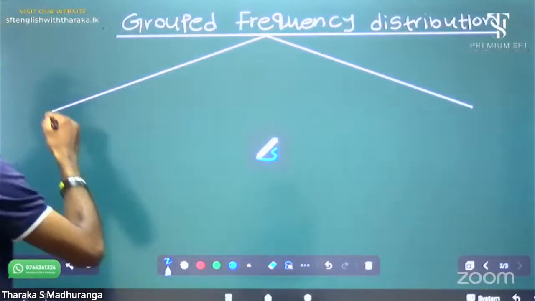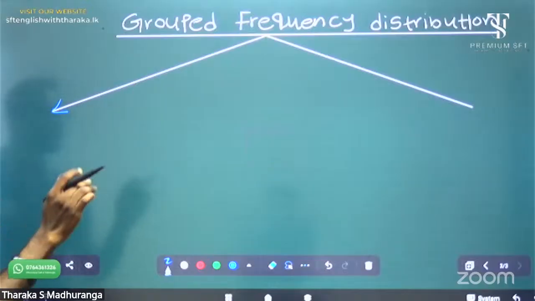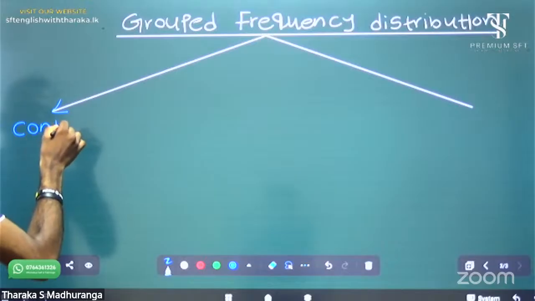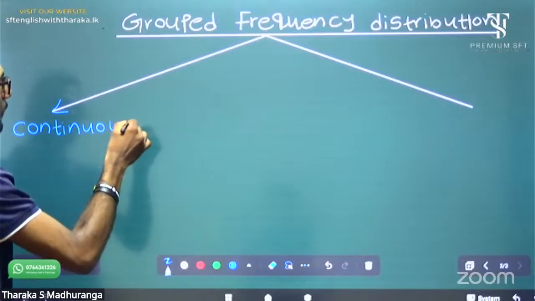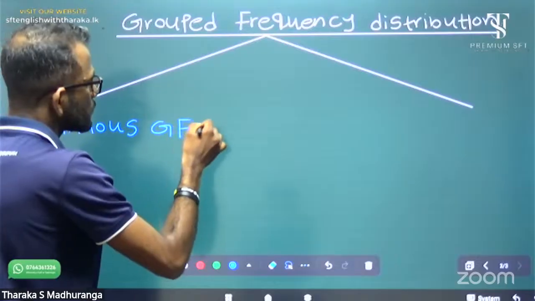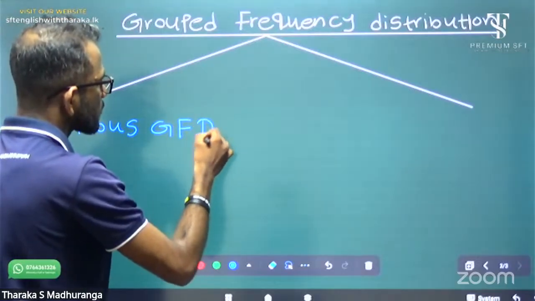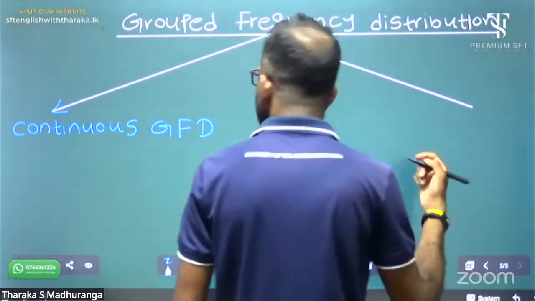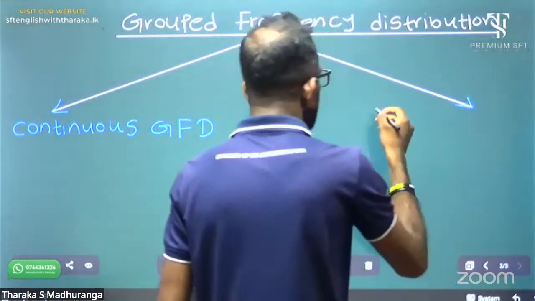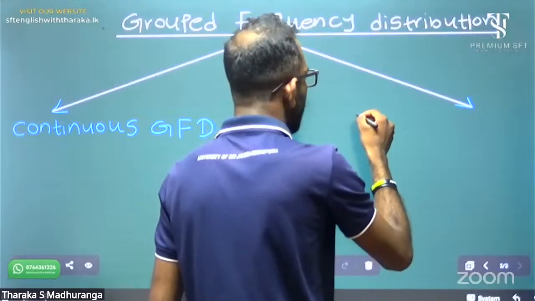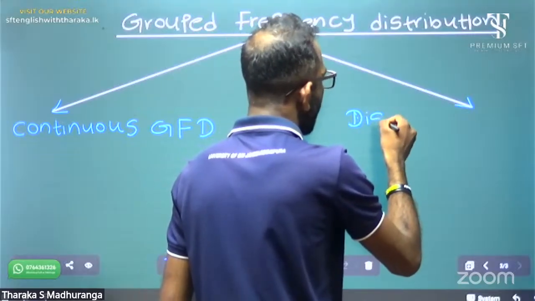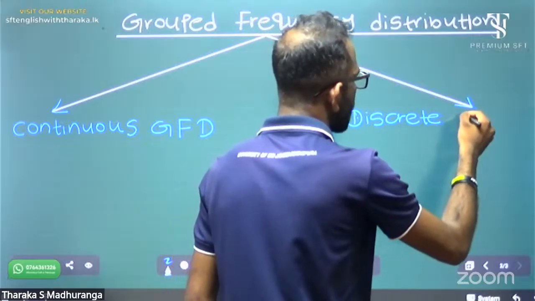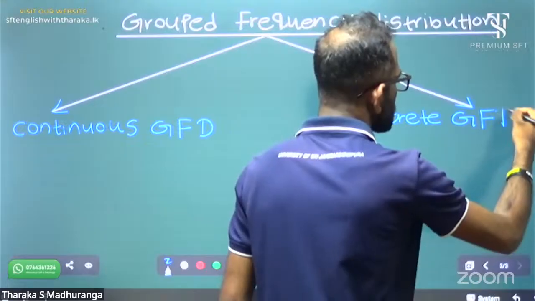Write down the first one: continuous group frequency distribution method. The second one: discrete group frequency distribution method.